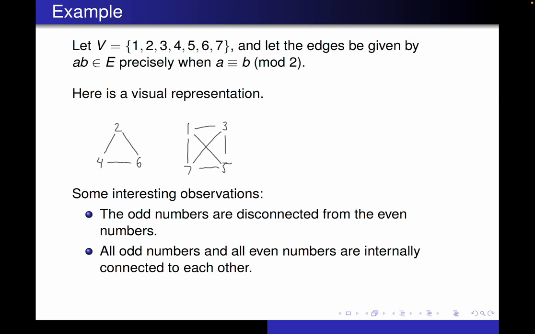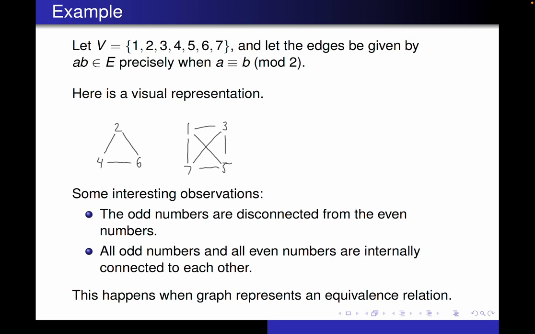There's no guarantee that if you have some vertices connected that they all have to be connected to one another. But in this particular graph, that's what happens, at least in the two pieces of the graph. And by the way, when you have a graph that represents an equivalence relation, which this one does, this is the sort of visual representation that you might have happen.